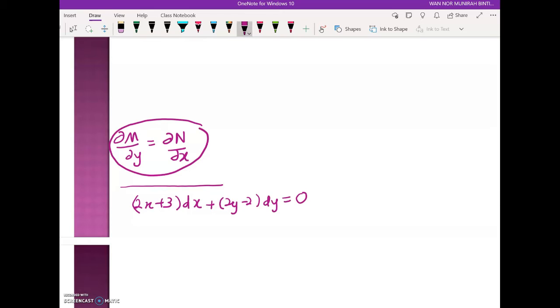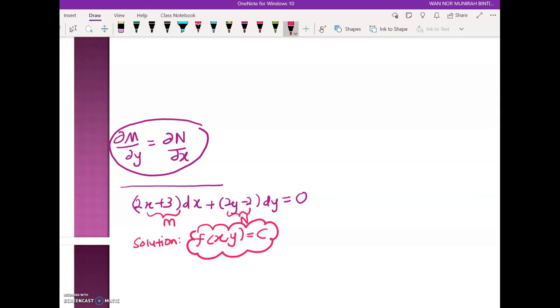Since this equation is exact, firstly we know that this one is M, this one is N. The solution that we want to find is f(x,y) equals c.